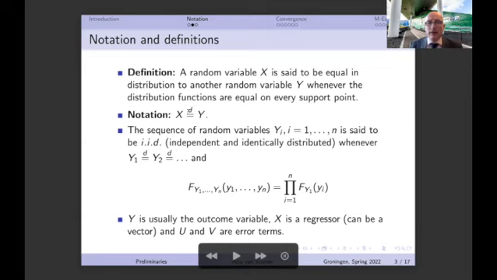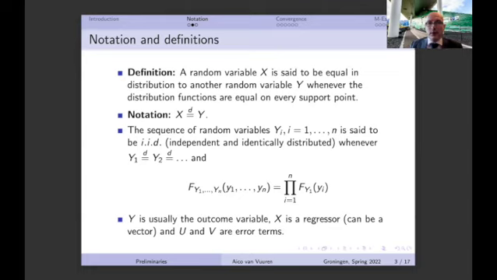Because if I write down x equal to y, then x and y are not only equal in distribution, but they're even equal in outcome. And there is a difference between the two. In order to explain that, the best thing to do is to look at a very simple example. Suppose I'm not going to throw one dice, but two of them. First the first dice, and second the second dice.